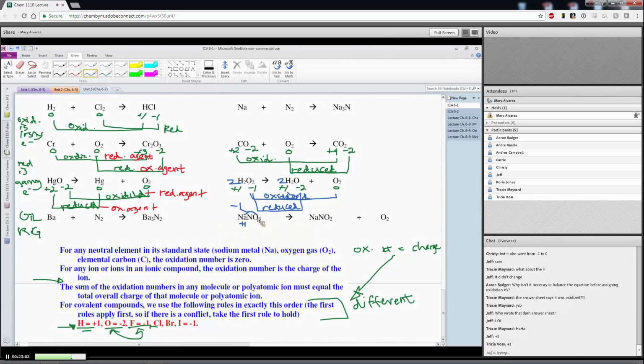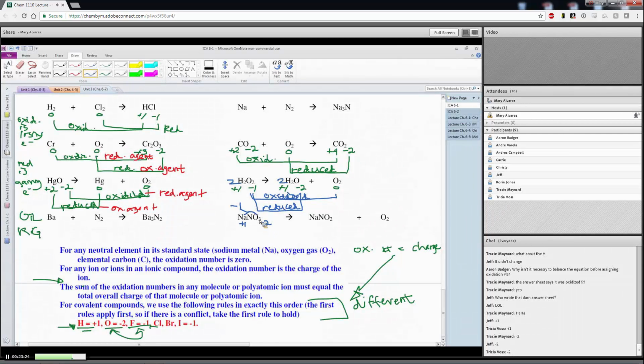Okay, but it will help me to know that the charge of the nitrate is -1. Because then I say, oh, these are covalent bonds. I'm going to go look at the rules. There are no hydrogen atoms. There are no fluorine atoms, but there is oxygen. What would the oxidation number of oxygen be inside of a covalent compound? -2, perfect. -2 for the oxygen.